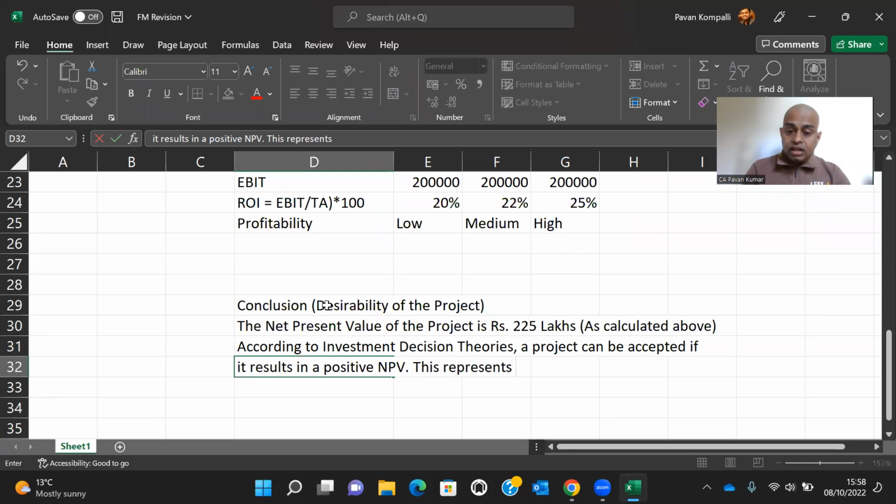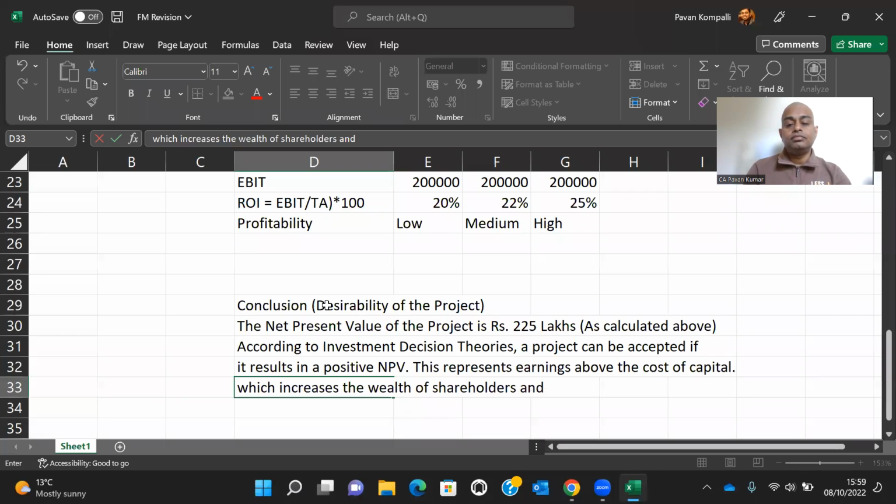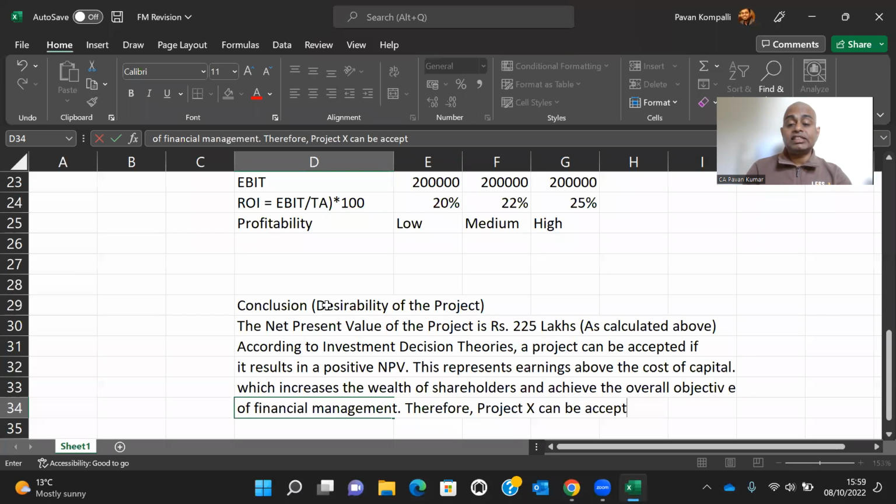This represents earnings above the cost of capital, which increases the value or wealth of shareholders and achieves the overall objective of financial management. Therefore, project X can be accepted.